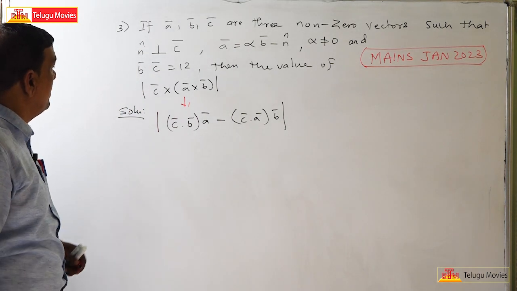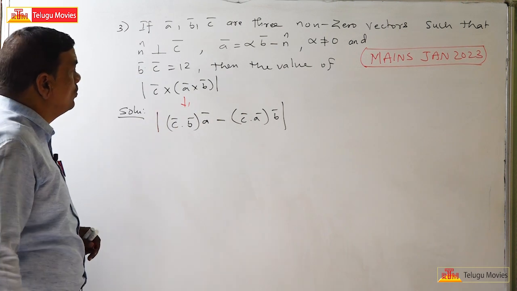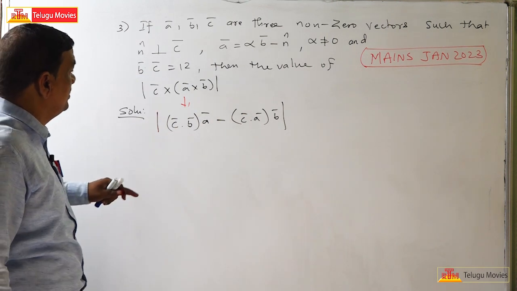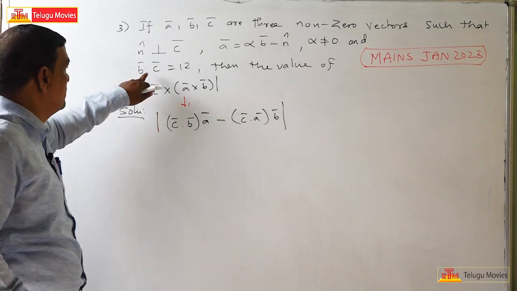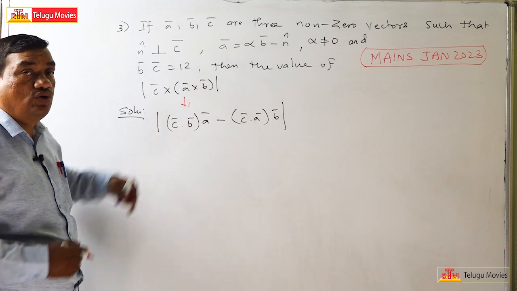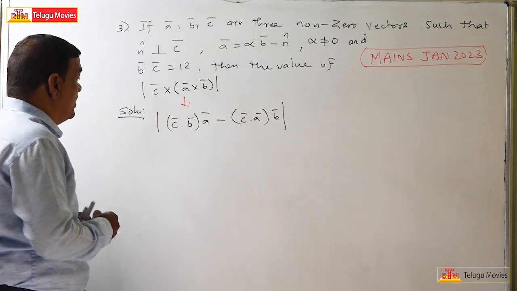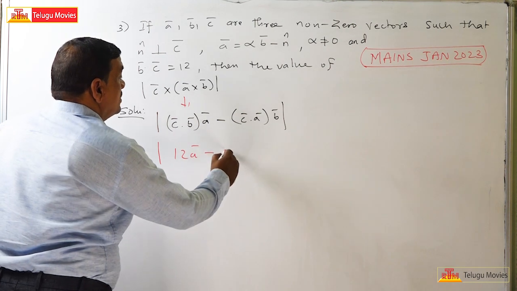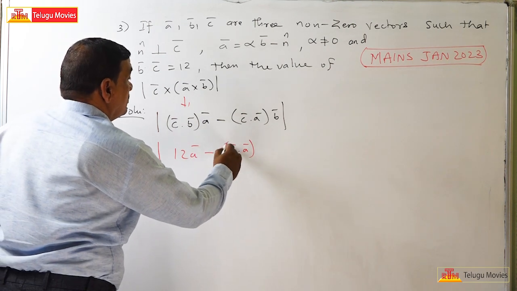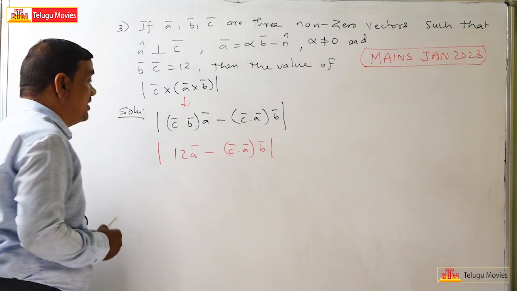Here B bar dot C bar is equal to 12 is given, and C bar dot A bar, nothing. So yes, B bar dot C bar is equal to 12 given. So up to here it is 12 A bar minus C bar dot A bar into B bar. Understand? Right.